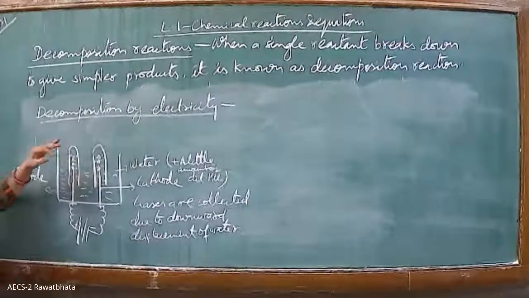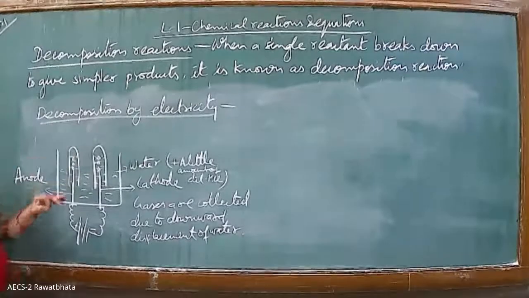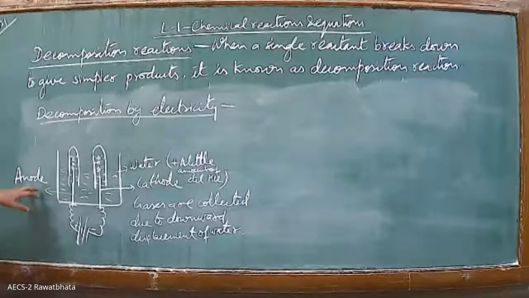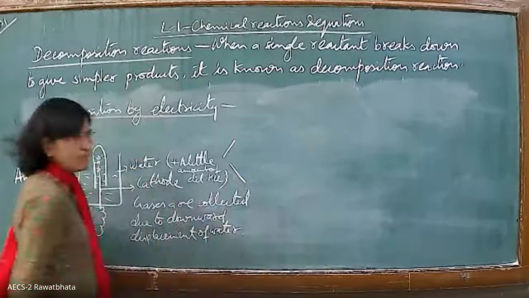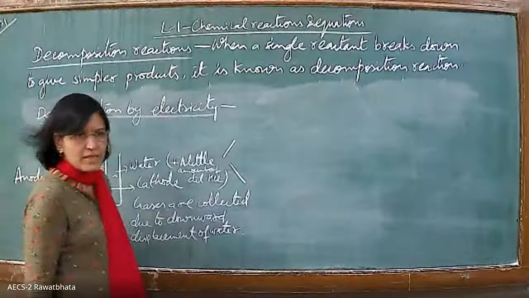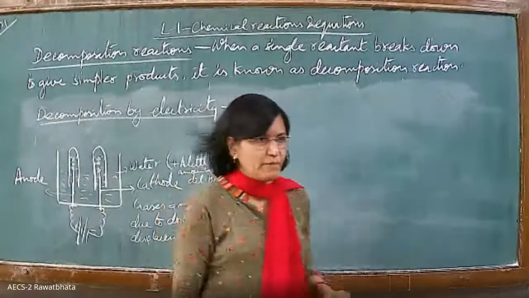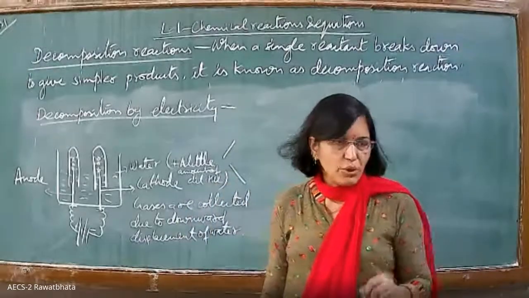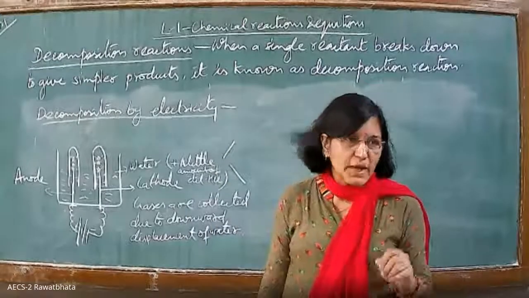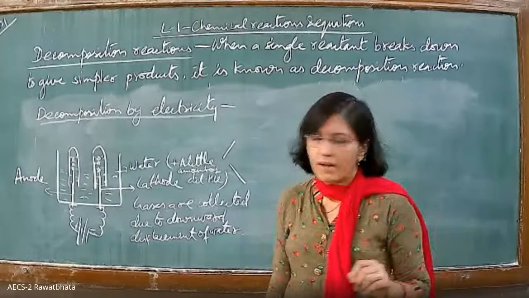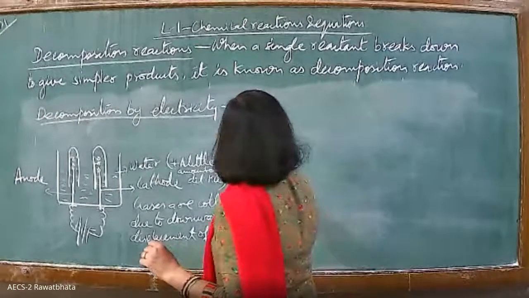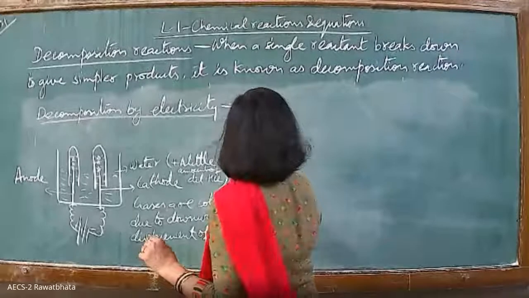And what exactly will be the view? Here, water is getting split into two gases. Water is broken down into hydrogen and oxygen, we know very well. But initially it is going to get broken down into its corresponding ions, hydrogen ion and oxide ion. Hydrogen ion is H+, oxide ion is O2-.